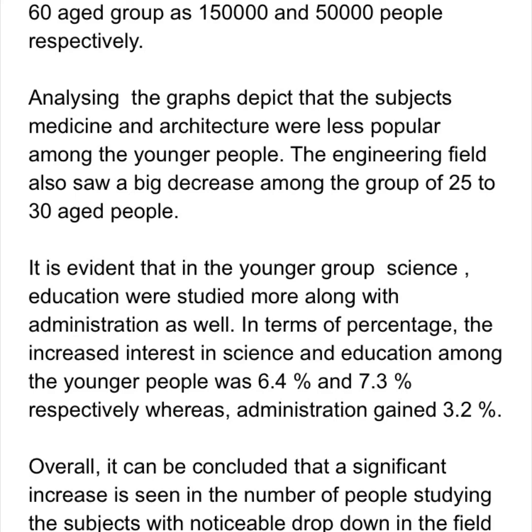It is evident that in the younger group, science and education were studied more, along with administration as well. In terms of percentage, the increased interest in science and education among the younger people was 6.4% and 7.3% respectively, whereas administration gained 3.2%. This means whenever we are writing the data, we are writing it in terms of percentage because it is given in terms of percentage in chart 1 and chart 2.